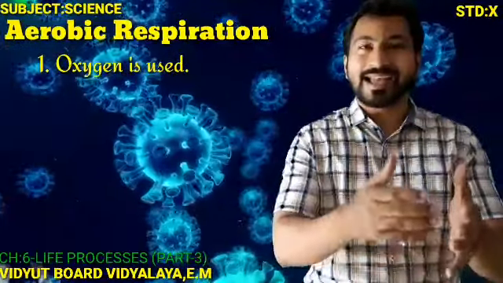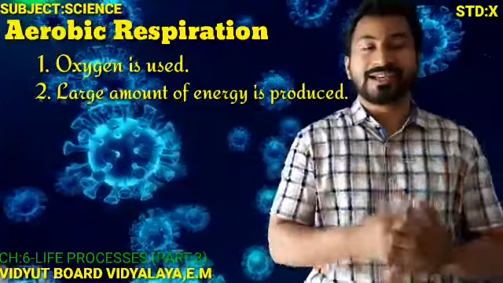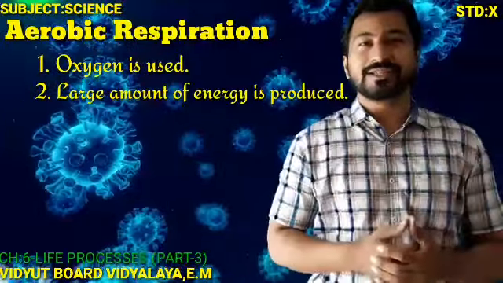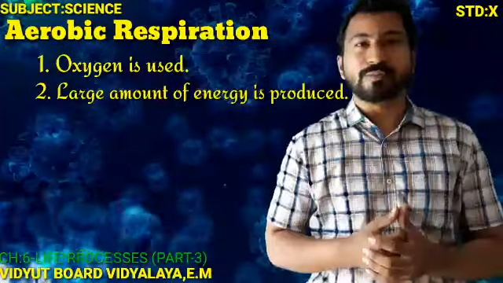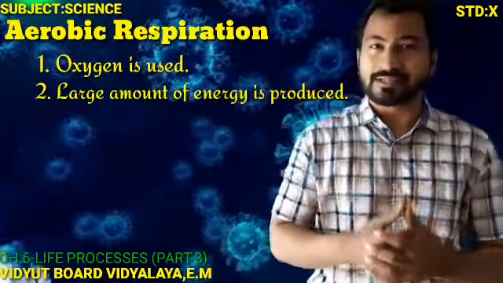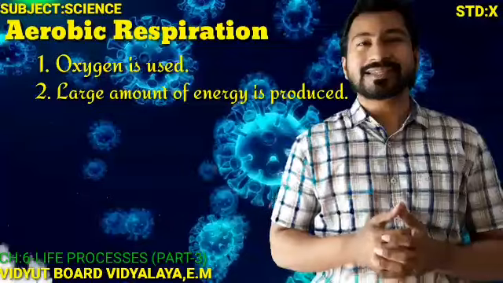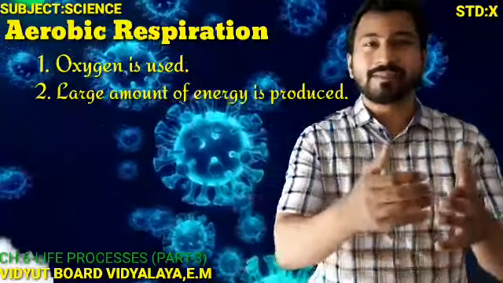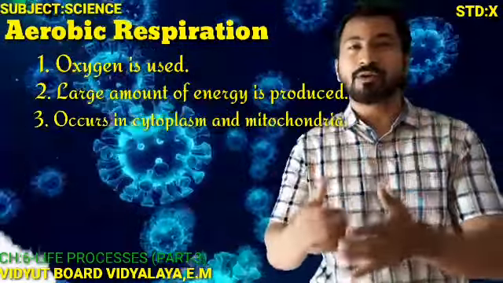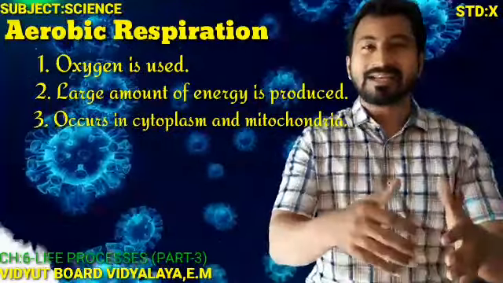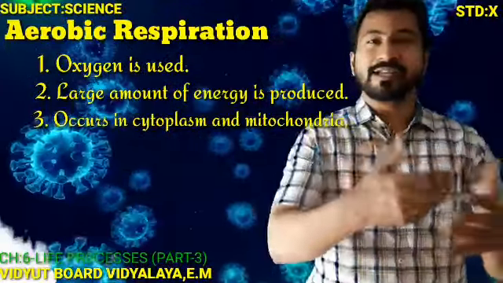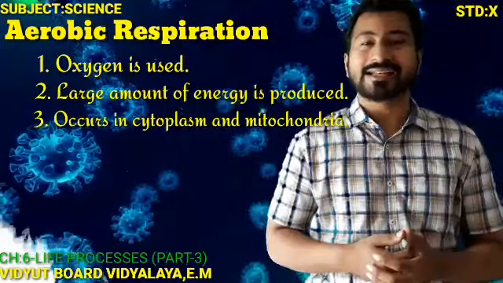And at the end of this aerobic respiration, a large amount of energy is produced. So where does this aerobic respiration mainly take place? It mainly takes place inside the cytoplasm and the mitochondria of the typical cells. And the examples are numerous plants and animals.